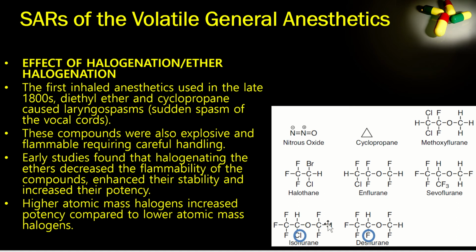So if we take a look over here and we compare isoflurane to desflurane, right? The only point of difference is this carbon here and the chlorine versus the fluorine, and we're saying that the one with the higher mass, that is the chlorine, would be more potent than the one with the lower mass, right?